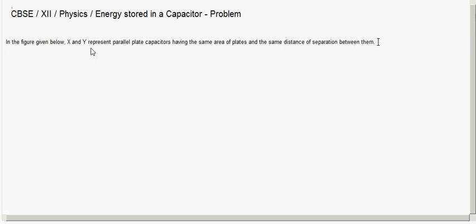What is the relation between the energies stored in the capacitors?